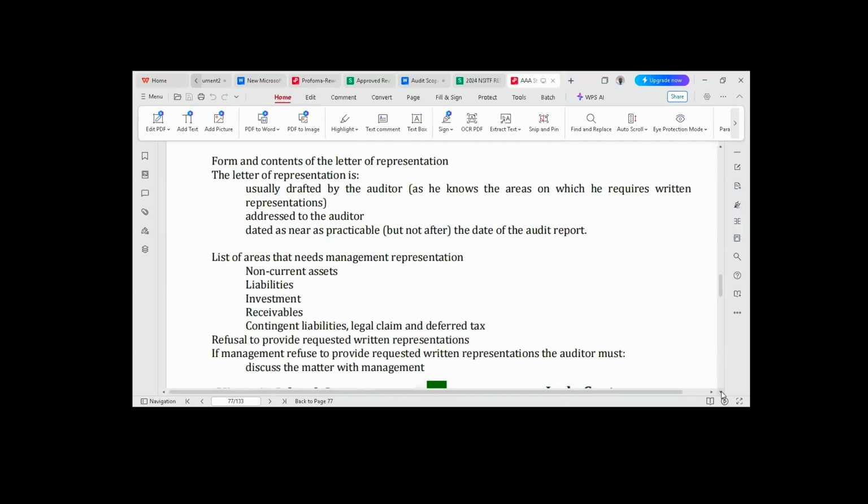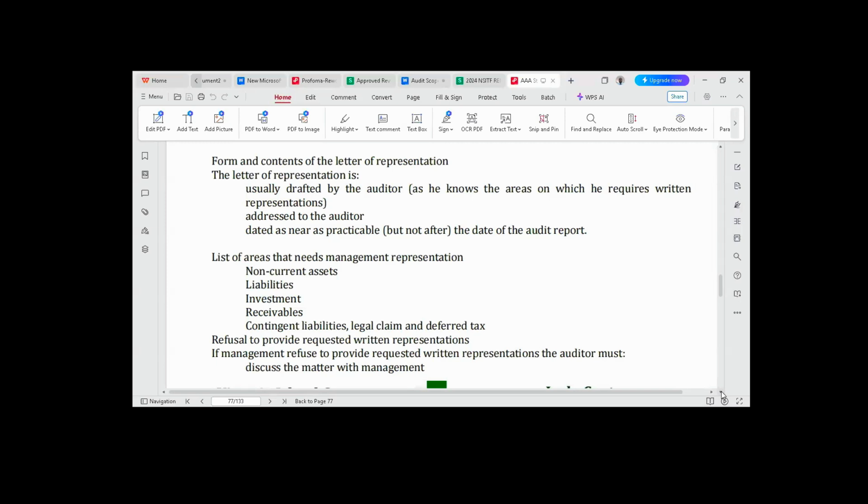Why do you need one for non-current assets? It is a way of obtaining information. If the company has inflated the balances in the non-current assets, the auditor can write to the manufacturer, the seller or the distributor of those assets to confirm whether the value put in the financial statement is correct or wrong.